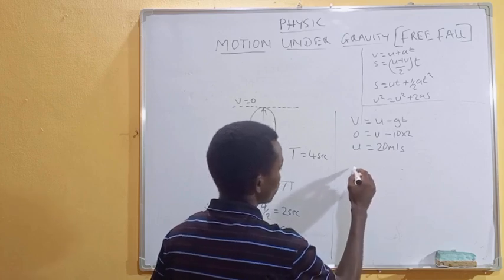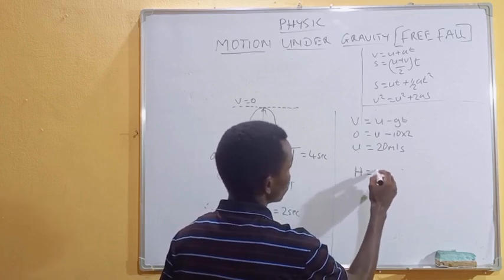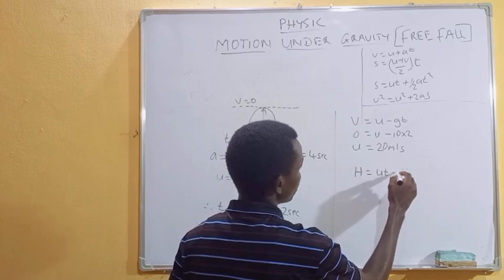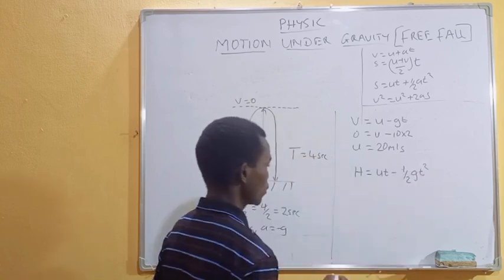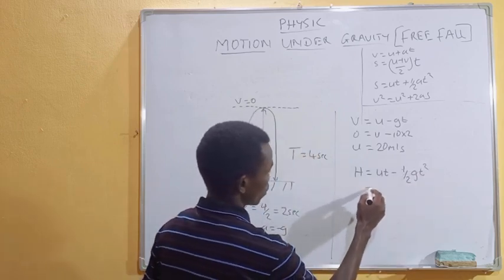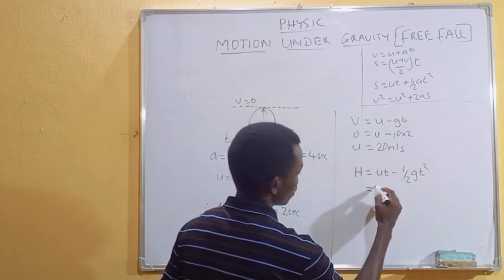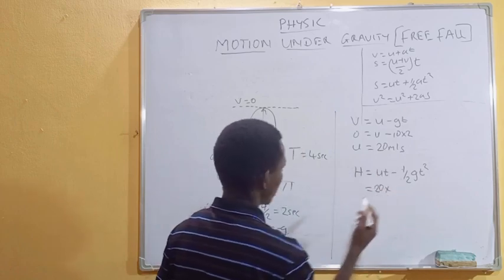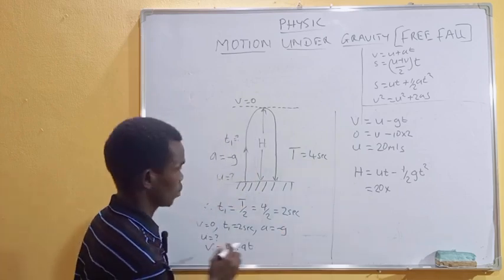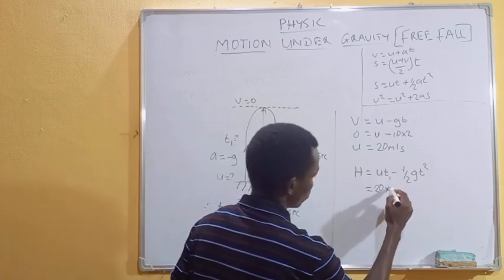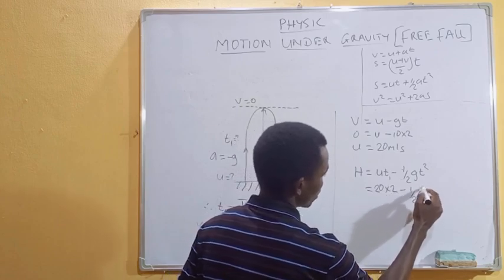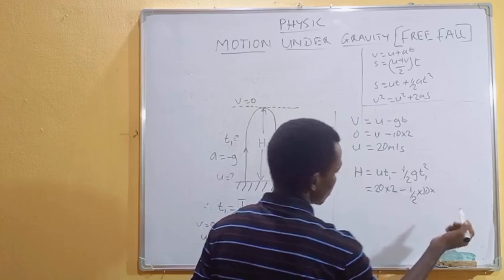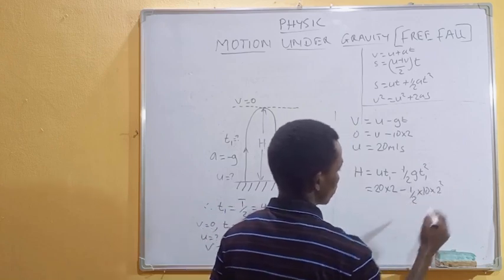Therefore, we have h equals ut minus half gt squared, which equals our initial velocity 20 times the time 2, minus 1 over 2 times 10 times the time squared.